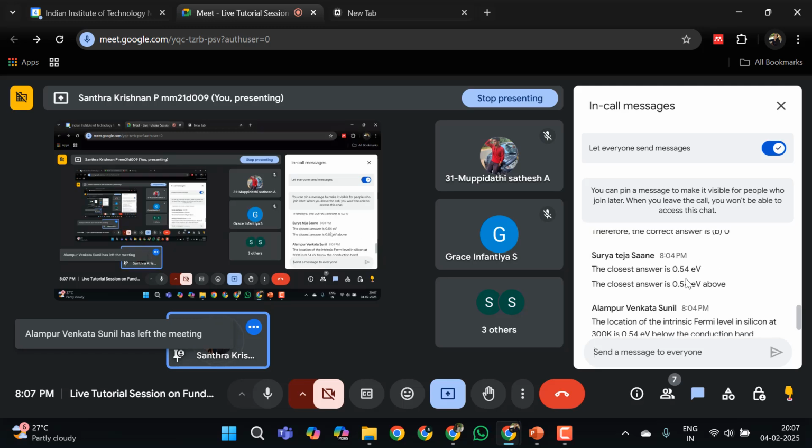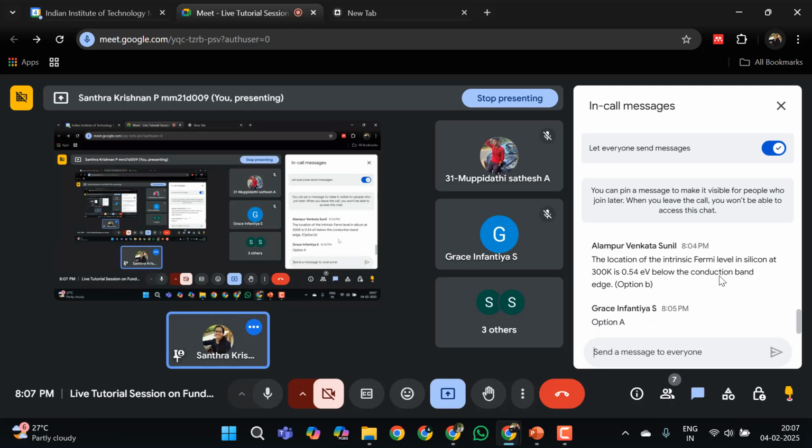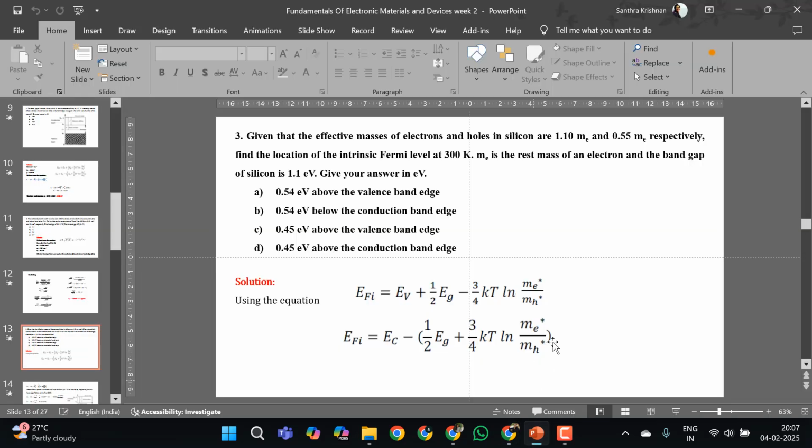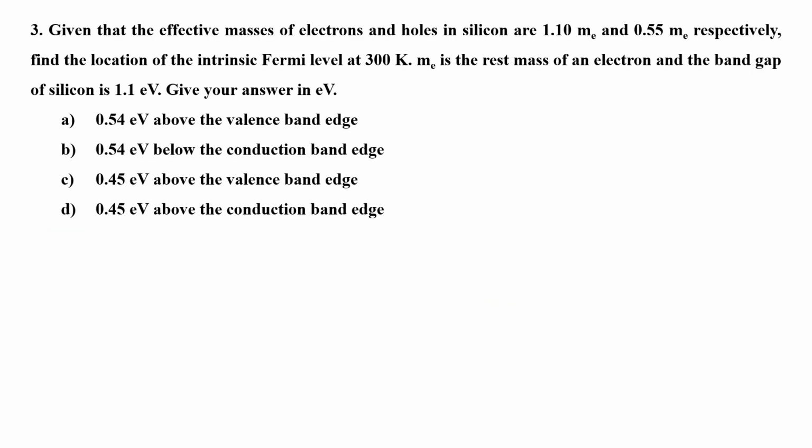One person has mentioned option A. There is another argument for option B. Okay, let us wait for a few minutes and then we'll find out.